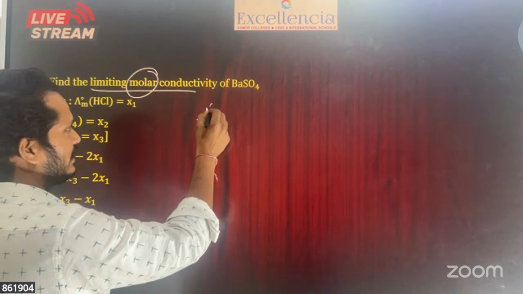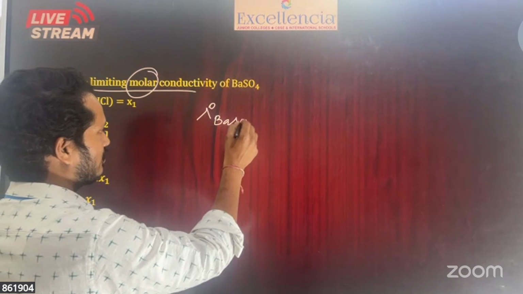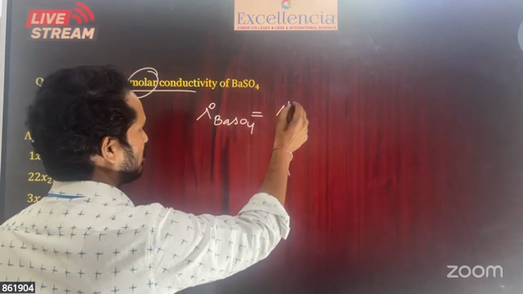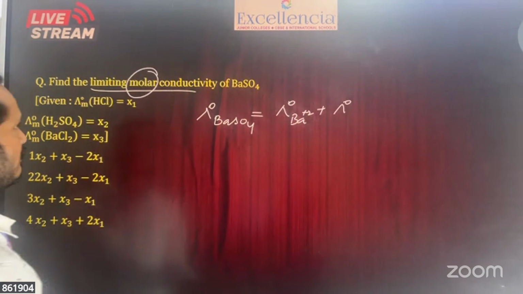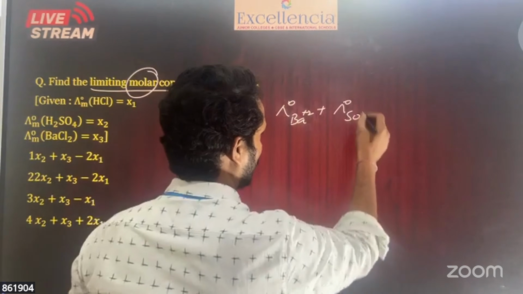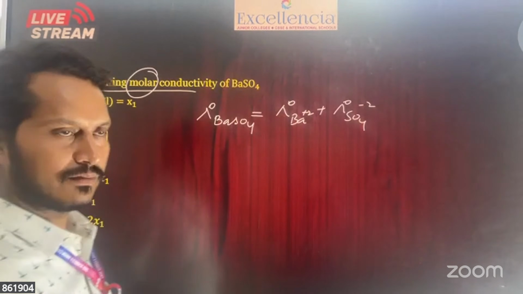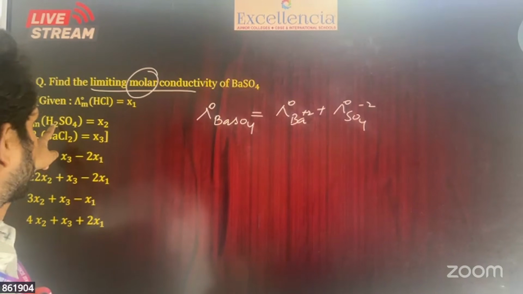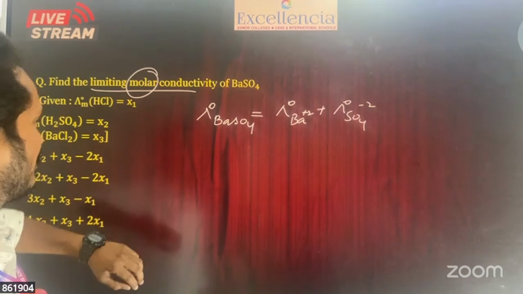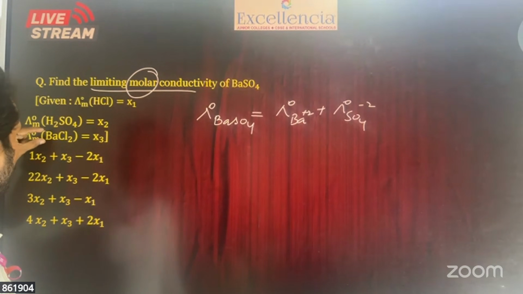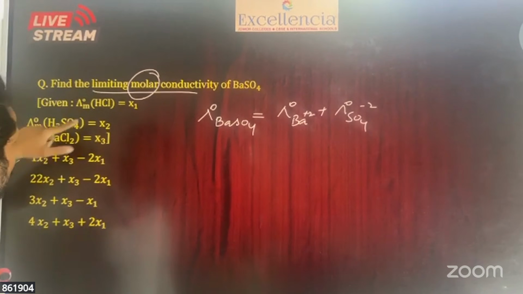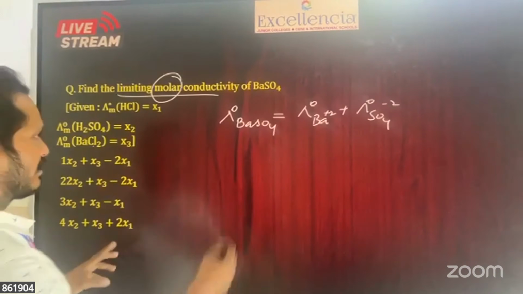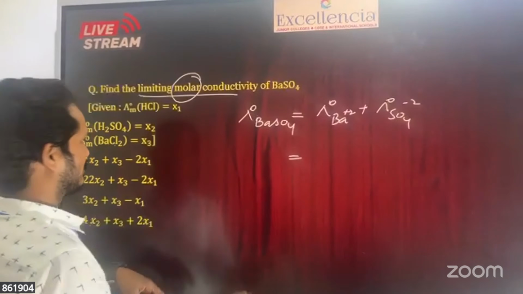So limiting molar conductivity of BaSO4 is nothing but molar conductivity of Ba2+ plus molar conductivity of SO4 2-. The given data are H2SO4, BaCl2, and HCl. BaCl2 has 2 chlorines and H2SO4 has 2 hydrogens, so we subtract.